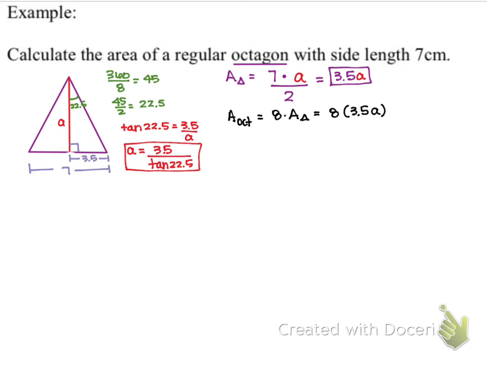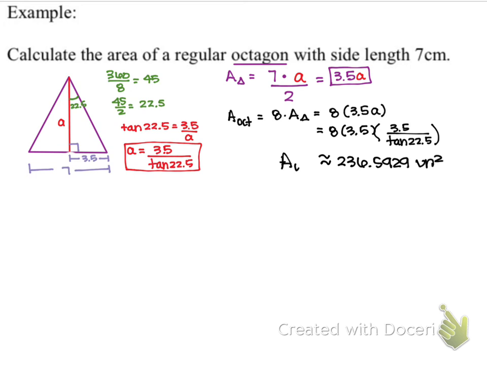Then I'm going to plug in what I know for A. So this is going to be 8 times 3.5 times, okay, let's plug in the information for A, which is going to be 3.5 divided by tangent of 22.5. Last thing I need to do is plug this into my calculator and get an approximation. And our approximation here is going to be 236.5929 units squared. So that's the area of our octagon.